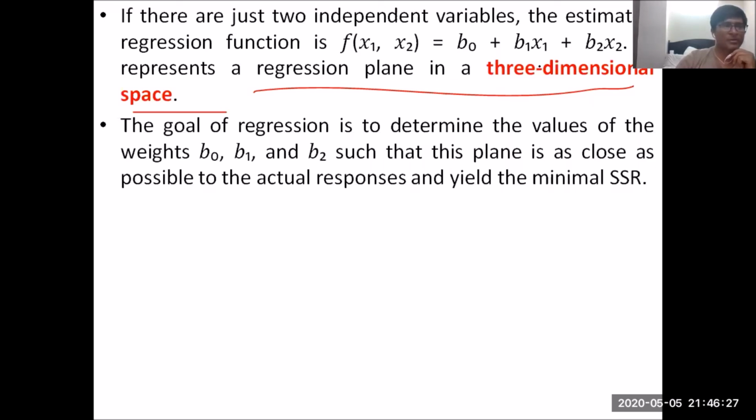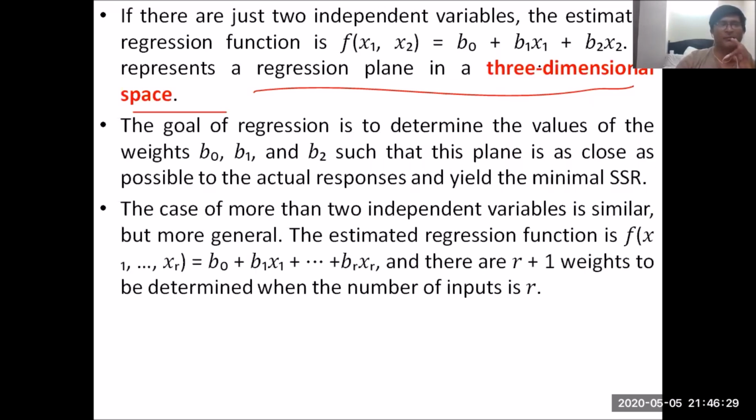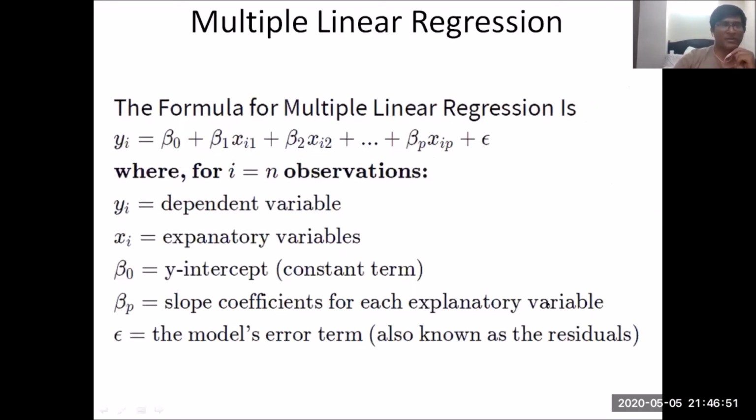The case when we have more than two independent variables is a similar scenario, right? The estimated regression function would look like this, where we have r plus one weights to determine when the number of inputs is r. This is how the multiple linear regression model might look.